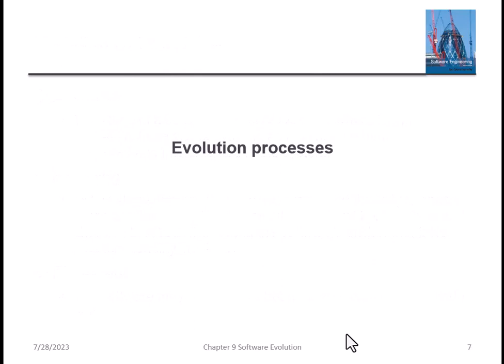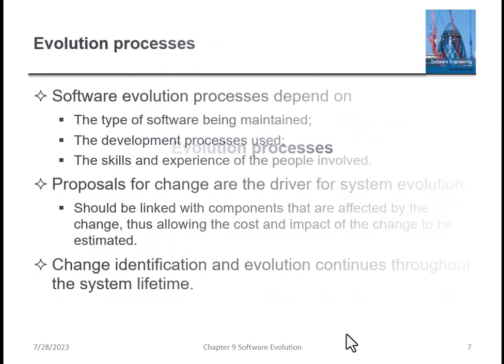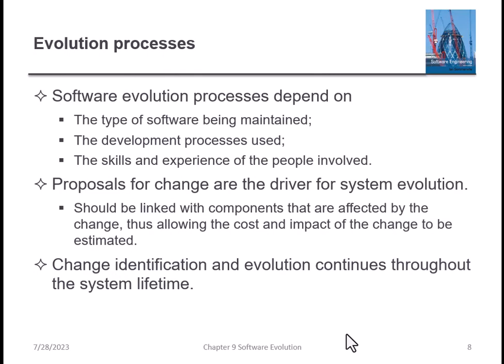Now come to the evolution process. The software evolution process depends on the type of software being maintained. The type means: is it a web-based application, a mobile-based application, is it a small project or a large, big project.